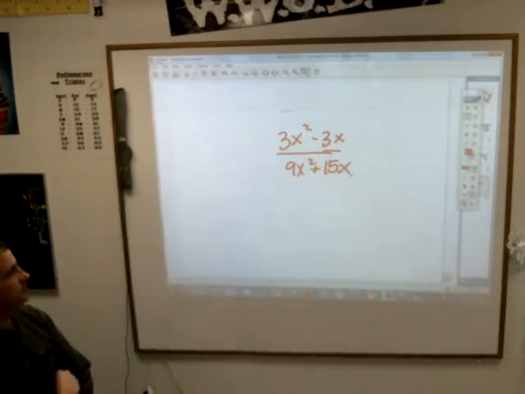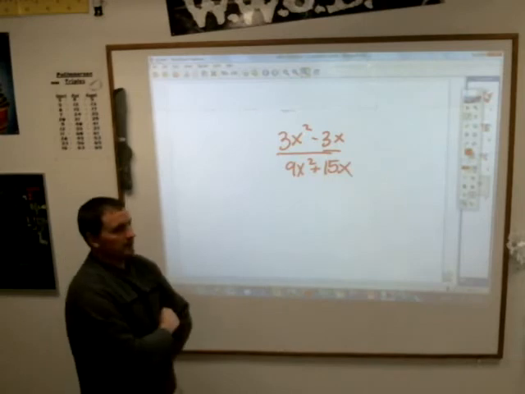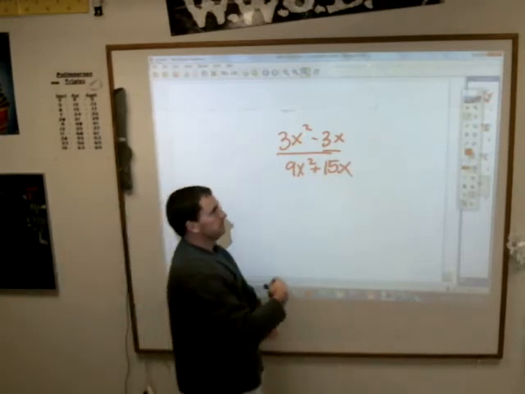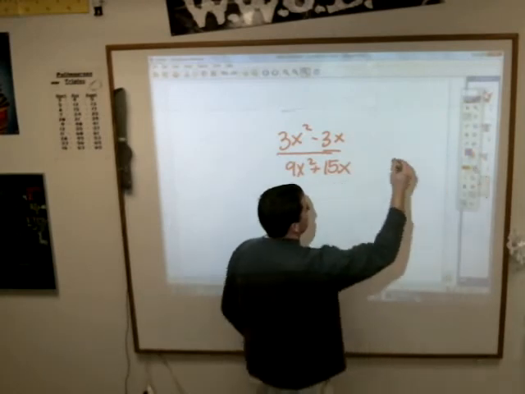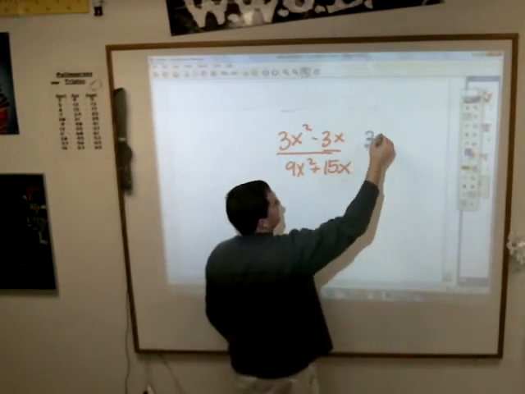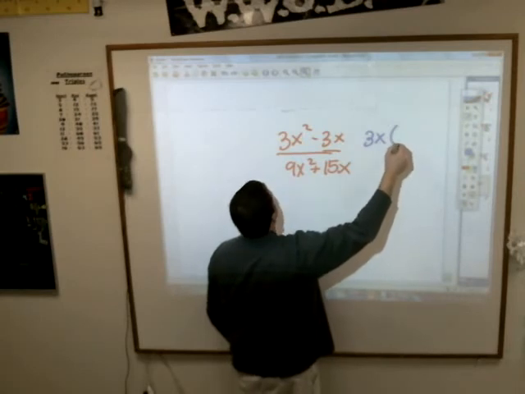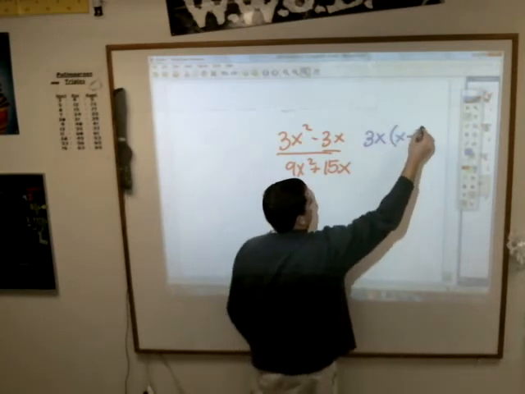Okay, Alyssa, when you factor the top, what do you get? What's on the outside? Greatest common factor is 3x, which leaves you with what inside? Correct, x minus 1. Very good, nicely done.